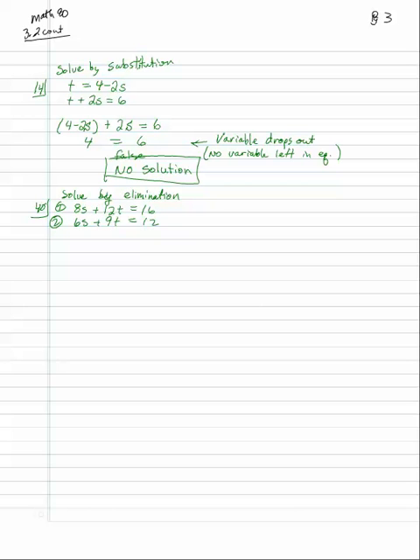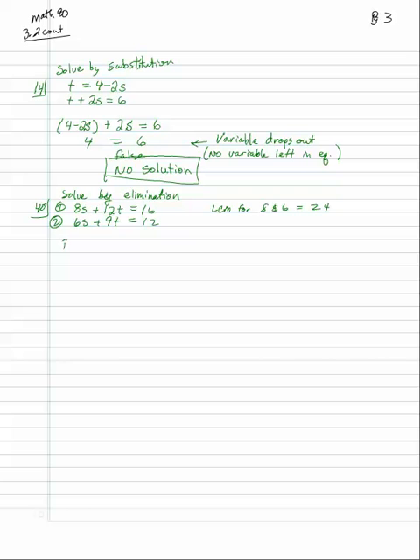So let's get rid of s. What's the LCM for 8 and 6? You could do 48, but that's not the LCM, but that'll work. It just has to be a common multiple. But if you do the least common multiple, that keeps the numbers smaller. So that's 24.